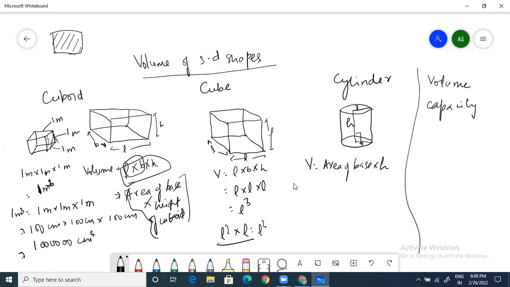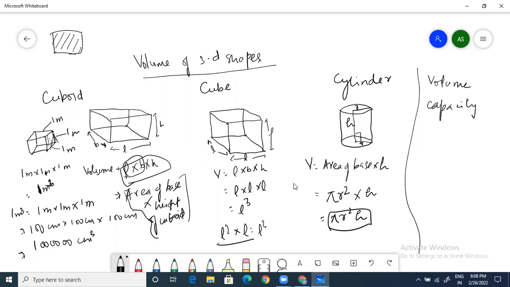Now, what is the area of the base in this case? The base here is not a rectangle or a square, it is a circle. The area of the circle is pi r square, so the volume is pi r square h, where h is the height. This is the volume of a cylinder.